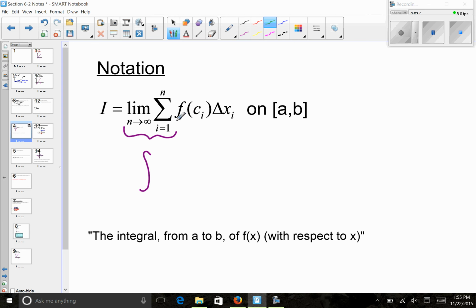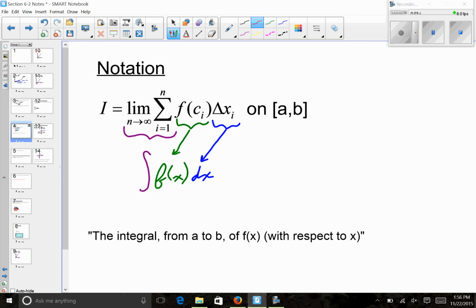Then for the height of the rectangle, we just replace the c with x. Then for the delta x, because we're going to infinity, that change in x is going to get really tiny, and so we actually get our differential dx.